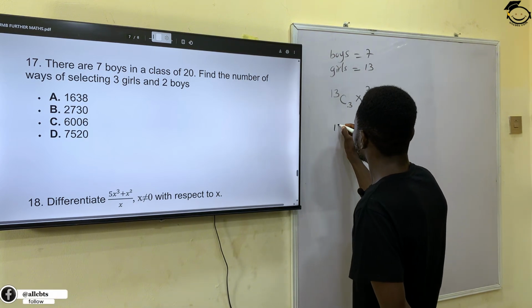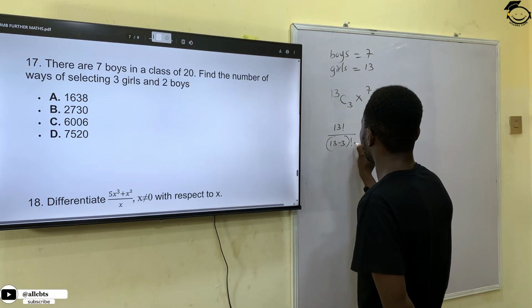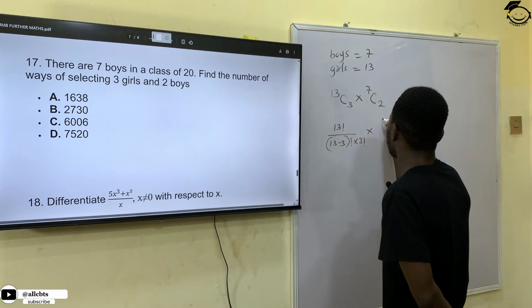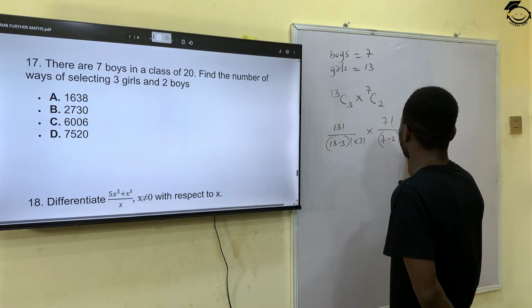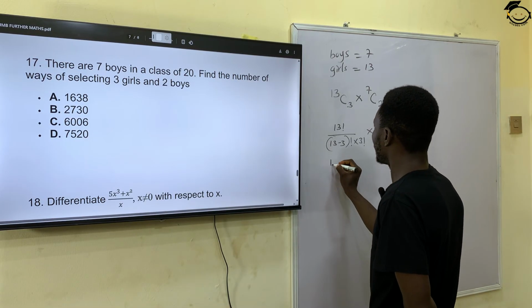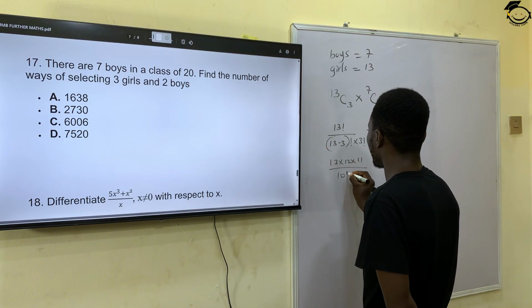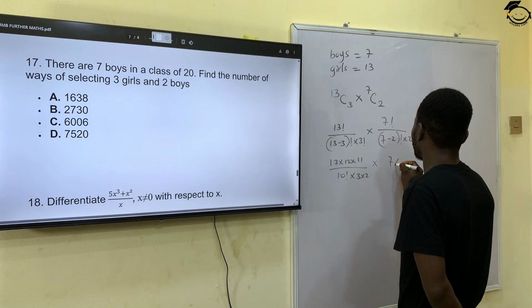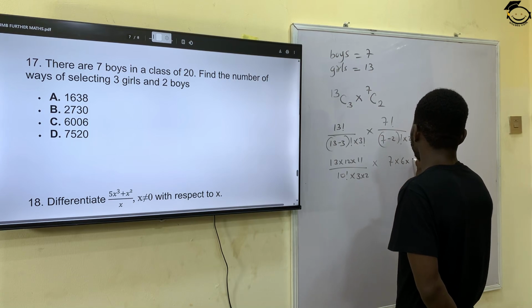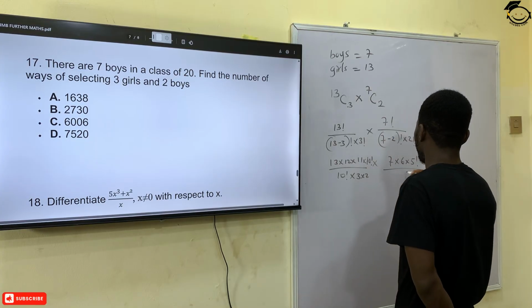So that will give me 13 factorial over 13 minus 3 factorial times 3 factorial, times 7 factorial over 7 minus 2 factorial times 2 factorial. And that will give me 13 times 12 times 11 times 10 factorial over 10 factorial times 3 times 2, times 7 times 6 times 5 factorial over 5 factorial times 2 times 1.